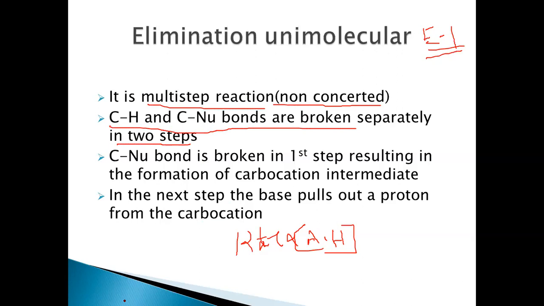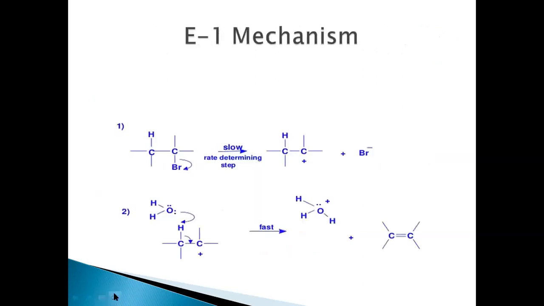So let's see what these two steps are, and how it is proceeding through a transition state or an intermediate. Let's see this. The first one is the KOH, that is K plus and OH minus, the base added here.